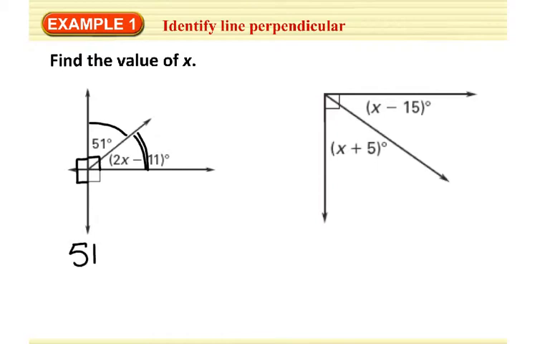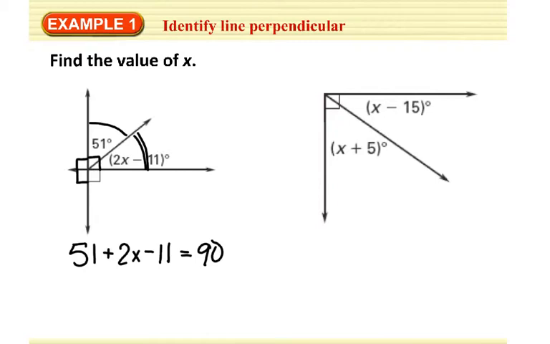Knowing the fact that these two angles, 51 degrees and 2x minus 11 degrees, are complementary, they add up to 90, we can set up this equation and solve for x.